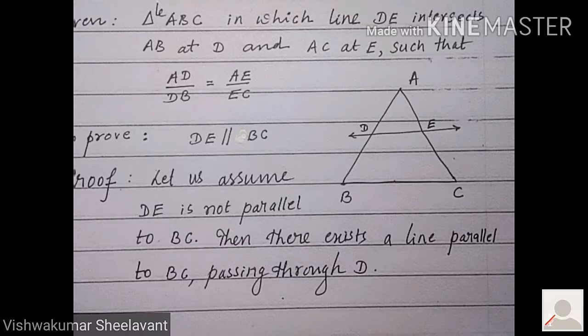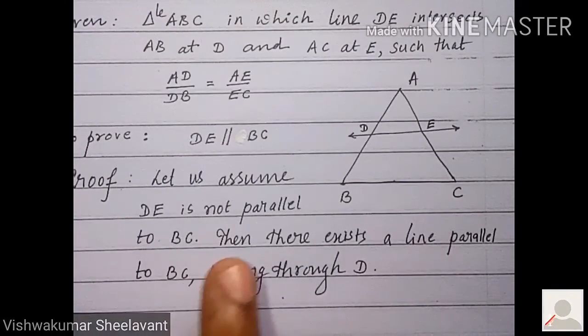For a given line, we can draw a line parallel to it passing through a given point. So that is what we are writing here.